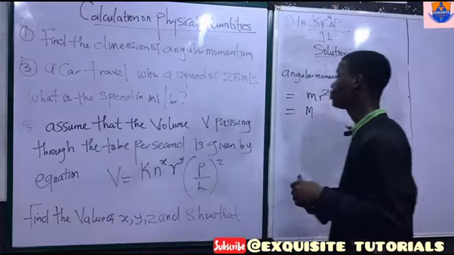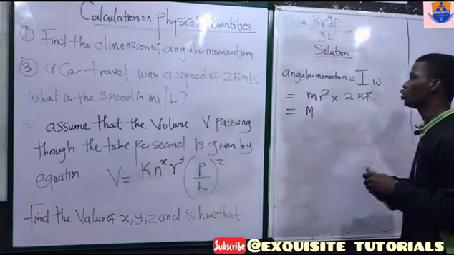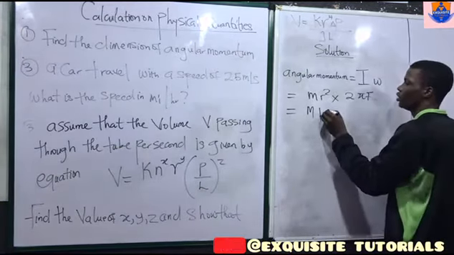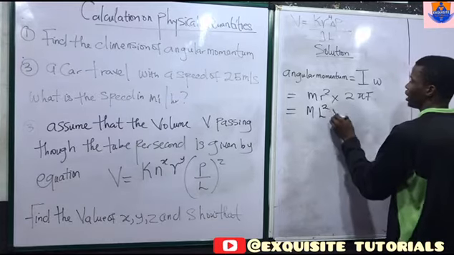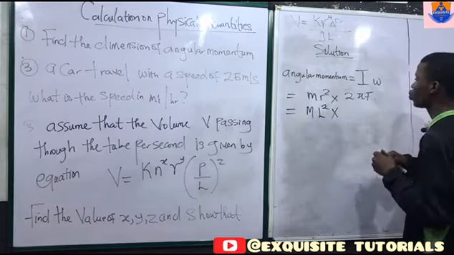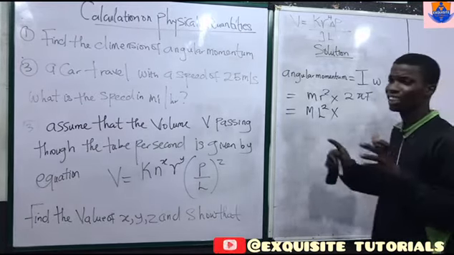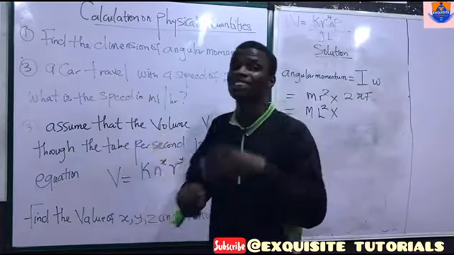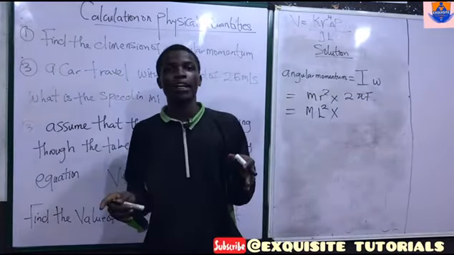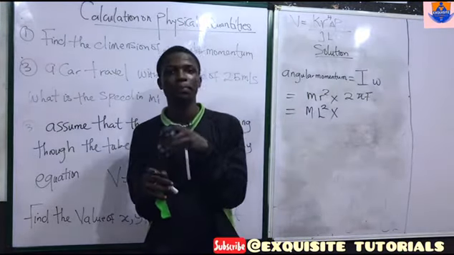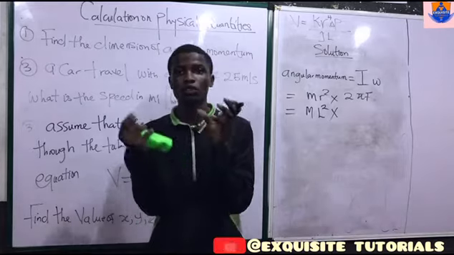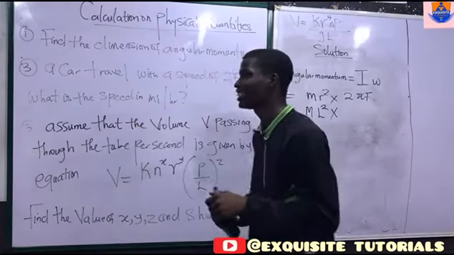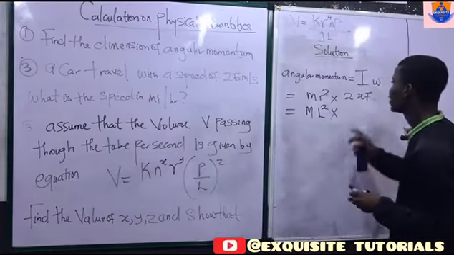So in circular motion, the length is the radius. So it will now be L square times, I told you that any other term that is not a fundamental quantity is referred to as a constant.